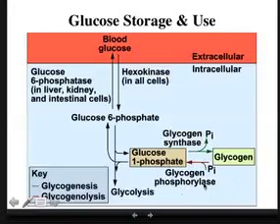Let's follow glycogen on out to blood glucose. If we need glucose in the blood, one of the ways that we can do this is to hydrolyze glycogen with the help of an enzyme called glycogen phosphorylase.